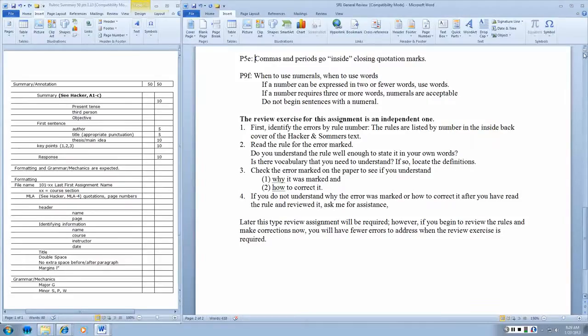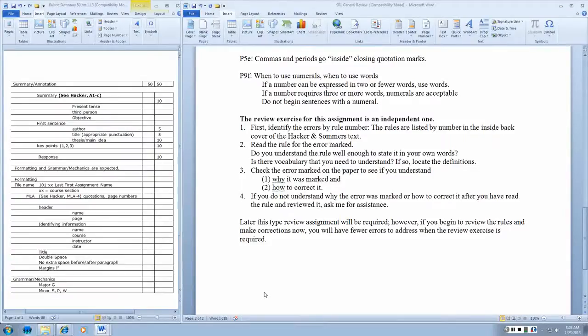Later, this type of assignment will be required. However, if you begin to review the rules and make corrections now, you'll have fewer errors to address when the review exercise is required. Again, grammar and mechanics errors are typically 10 points and 3 to 5 points.